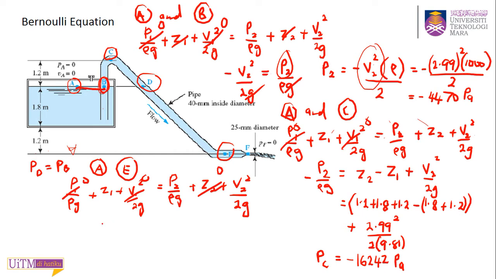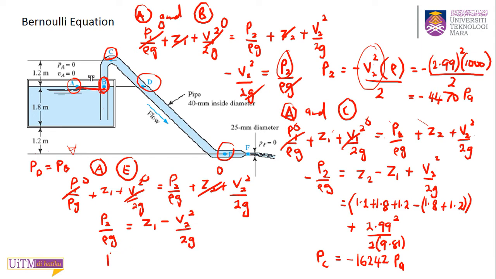So it will leave you PE, P2 over rho G equals Z1 minus V2 squared over 2G.